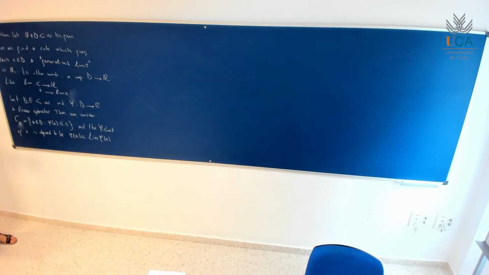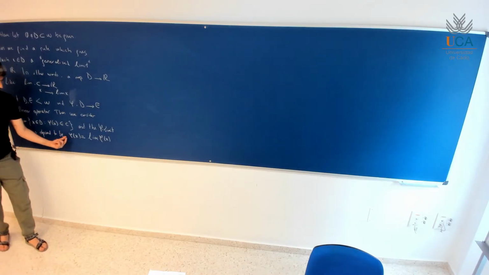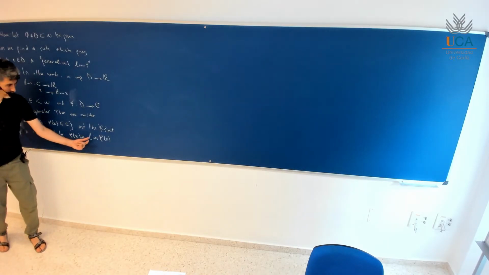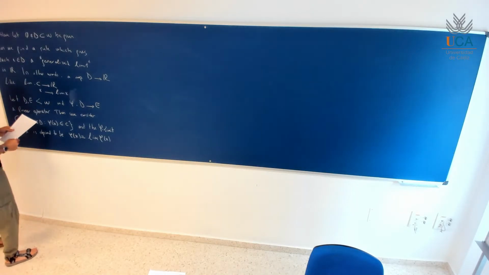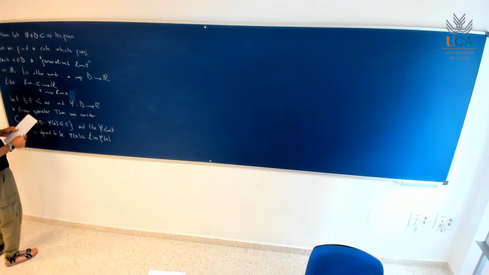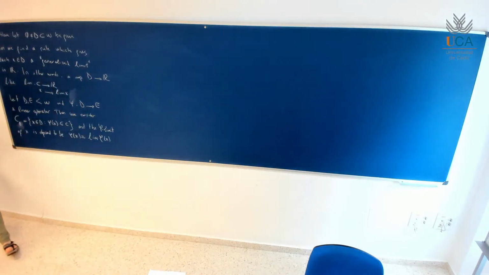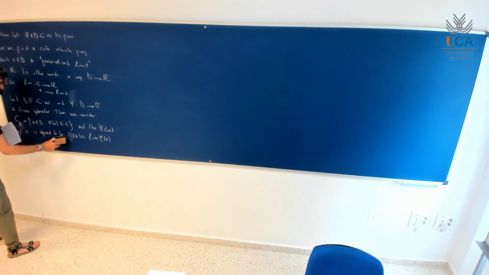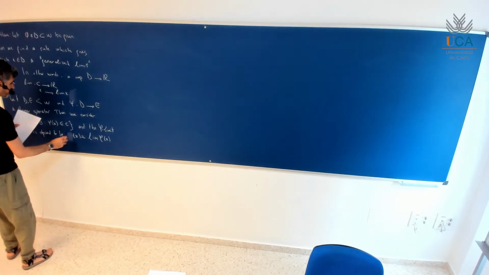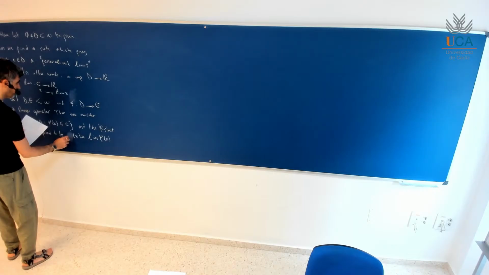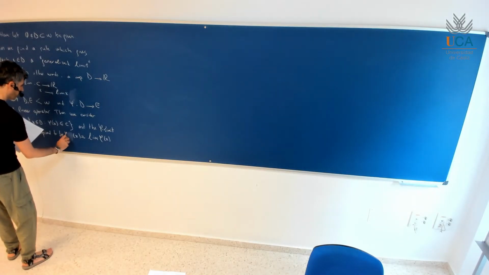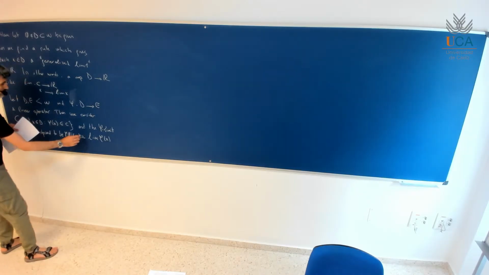So it makes sense to define the phi limit of x as the limit of phi of x. This is our main definition here.